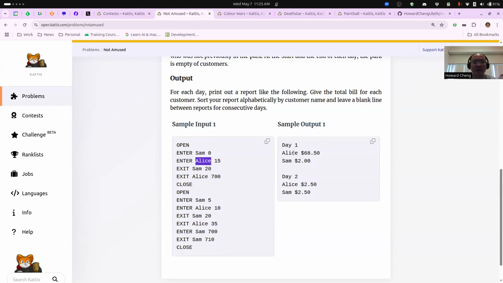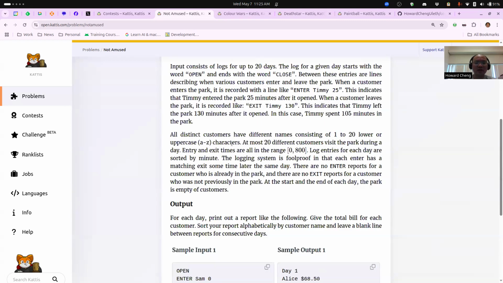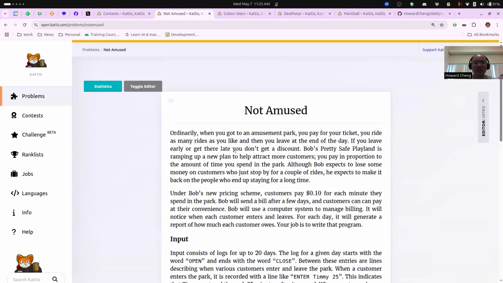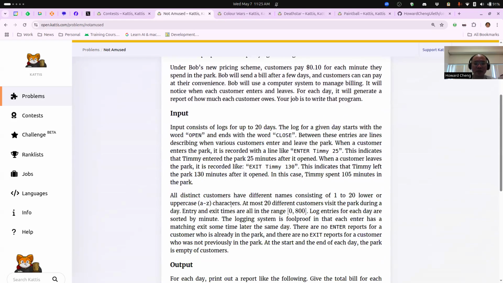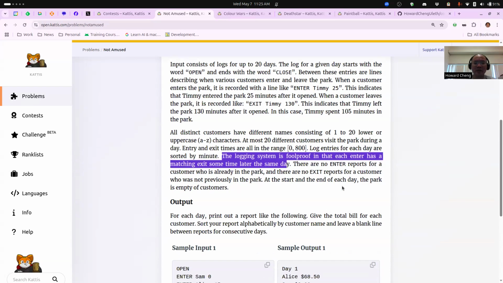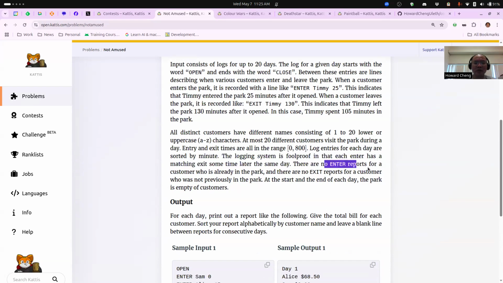Now, one thing that you have to be careful about, if you read this problem carefully, where does it say? Each enter has a matching exit sometime later today, and no enter reports for a customer who's already in the park, and no exit reports for a customer who was not previously in the park.